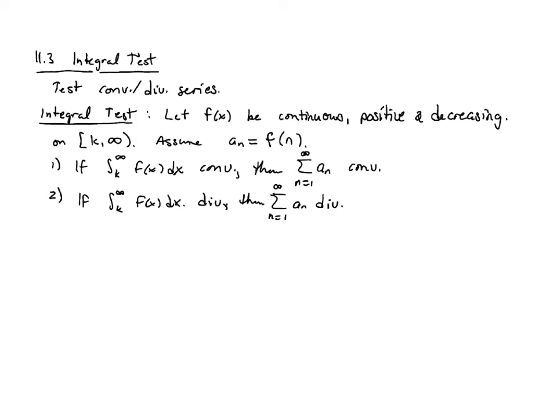So, for example, we can consider the harmonic series that we talked about in section 11.2. So this is the series sum n equals 1 to infinity of 1 over n, and we know from section 11.2 that this diverges.